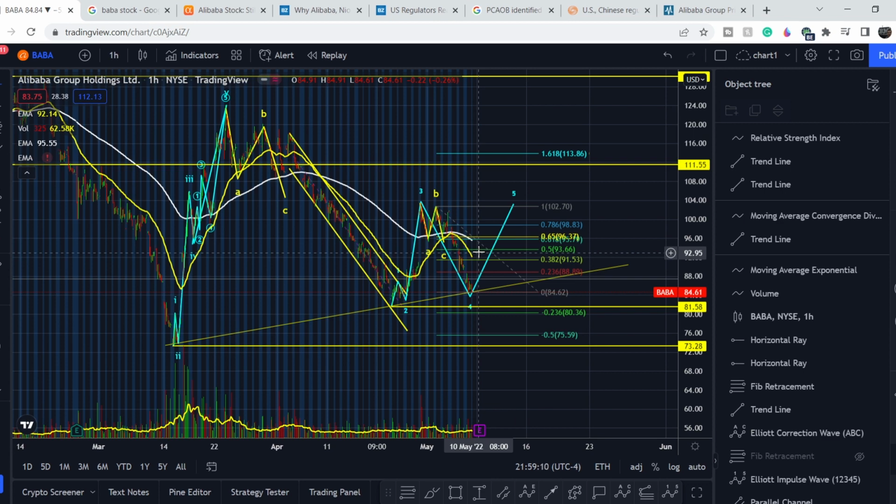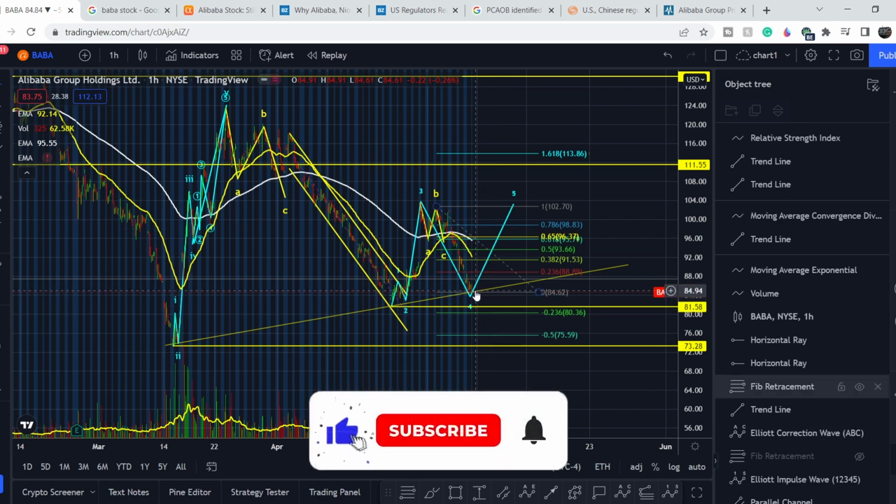In this case, if you want to enter your swing trade position, in my opinion, you have to patiently wait. But if you want to invest in this asset and you realize all the risks related to Chinese companies in general, and to Alibaba in particular, definitely you can add to your investment position all the way down on every daily red candle. And I think from the technical standpoint that's it for now.